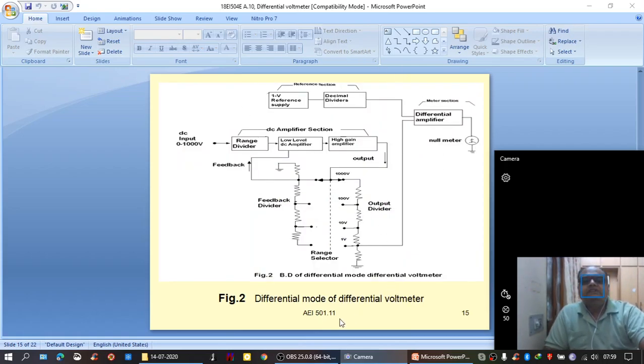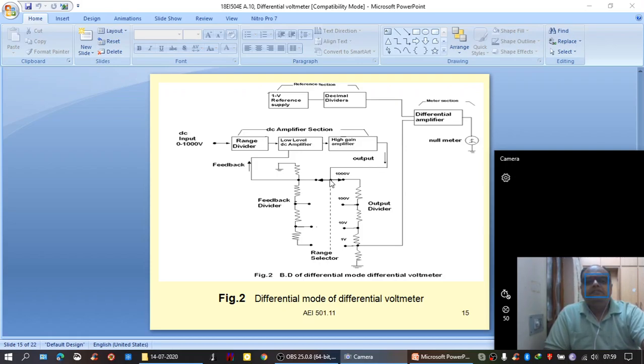Now, the same circuit is added with an additional potential divider here. Actually, this part is the same DC voltage, and here an additional circuit is employed. Now, if we see, when the input voltage is applied through range divider and low level amplifier, DC amplifier, high level amplifier, you will get some value here.